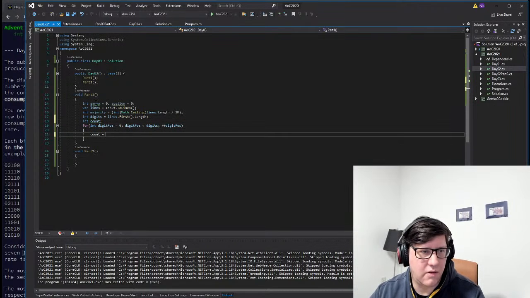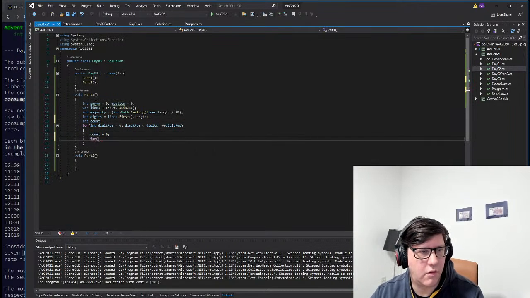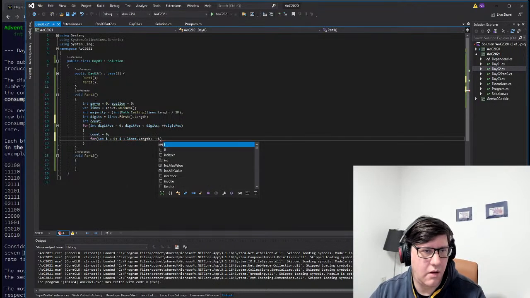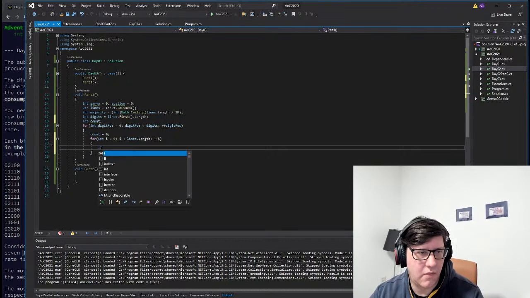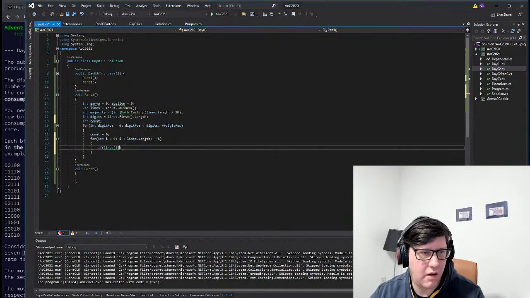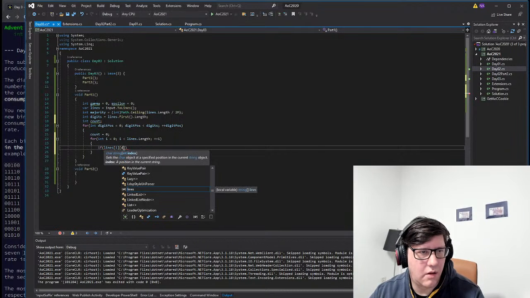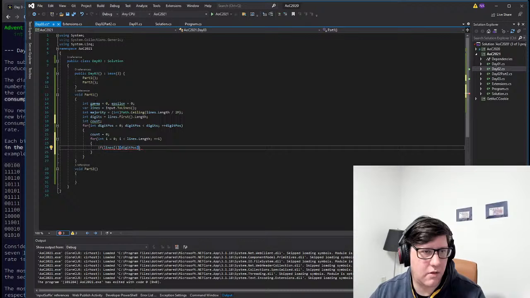Actually, we can do that here. The count is 0. We do for int I is 0, I smaller than lines dot length increment I, and then we can do if lines I digit pos equals 1.